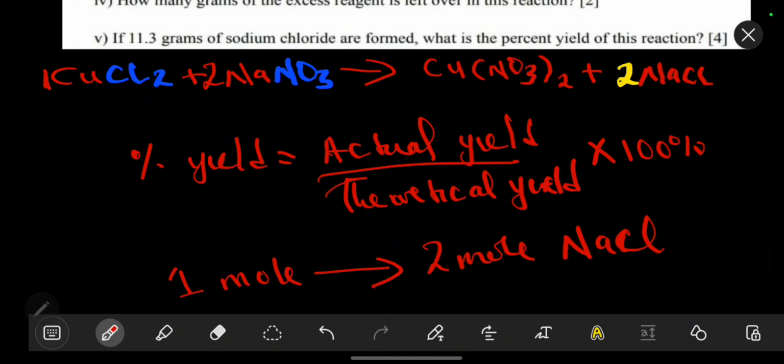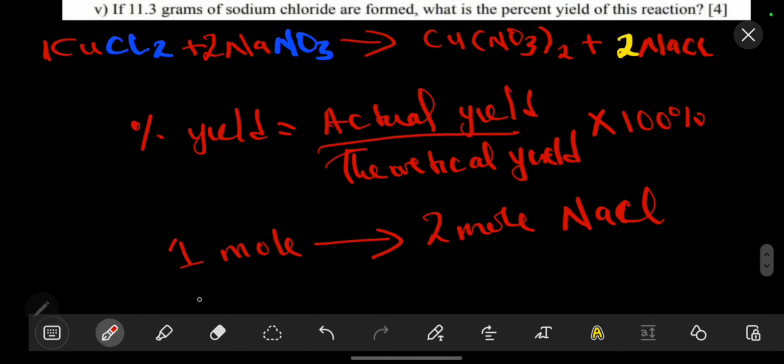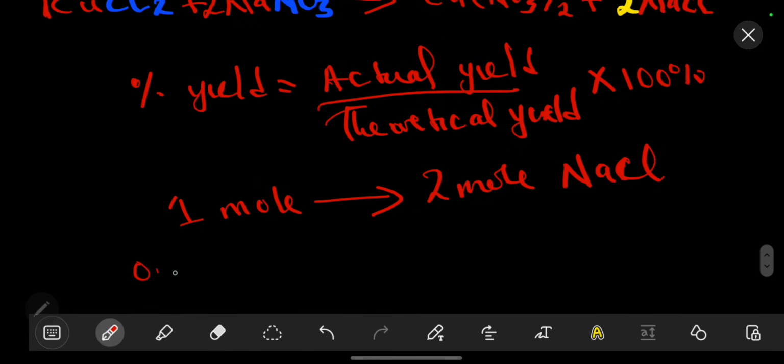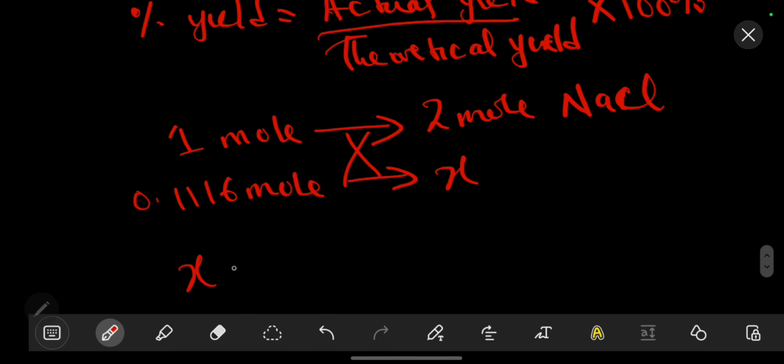Then what if we have the 0.1116 moles that we found? Then what we are going to have is x there. So we are going to cross multiply. X times 1 should be equal to 2 times 0.1116 moles.